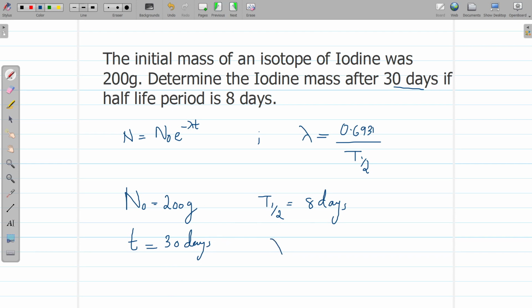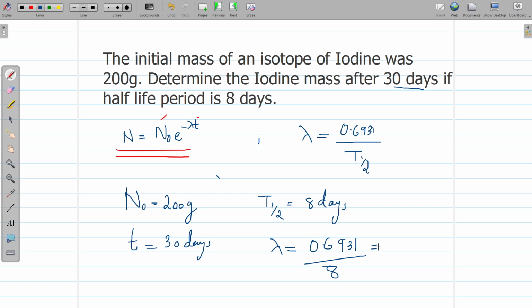Now let us first find out lambda, because if we want to find N after 30 days, we want to use this equation, N equal to N0 e raised to minus lambda t. We have N0, we have t. Now we want the lambda value. For finding lambda, we have t half in our hands. So 0.6931 divided by t half, which is 8.